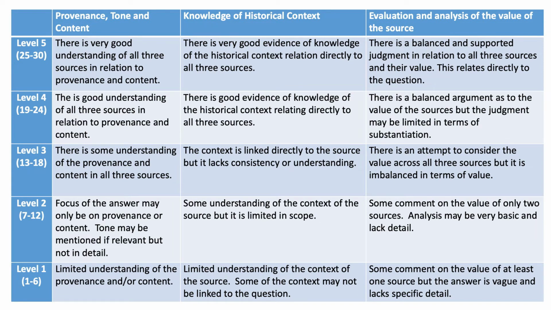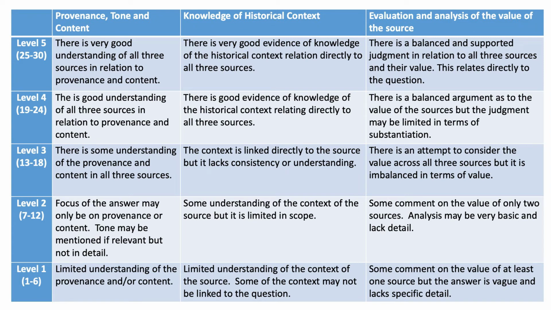Now when we get to level 4 and level 5, this is really where we're getting those top marks. This is where we're pushing hard. It's important we show a good understanding of the sources, the provenance, the content, really good knowledge that links directly back to the question, and a balanced argument. Where is the source valuable? Where is it not valuable? That will allow you to get to level 4 and level 5.